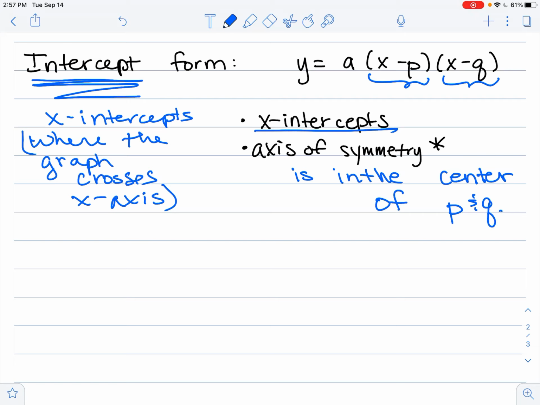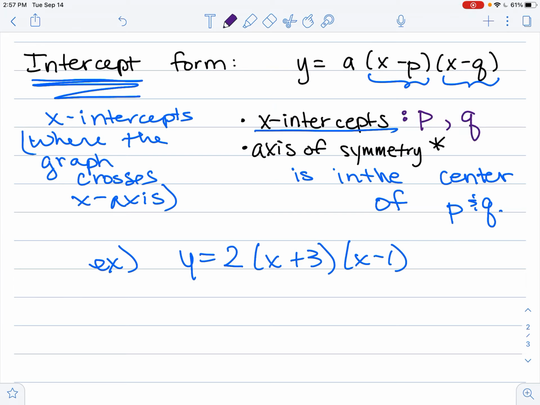Here's what that means. Let's say, for example, you have y equals 2 times x plus 3 and x minus 1. The x-intercepts are the value of p and the value of q. I have to see a times x minus p and x minus q. There's no minus here, so I split that up into a minus and a negative.